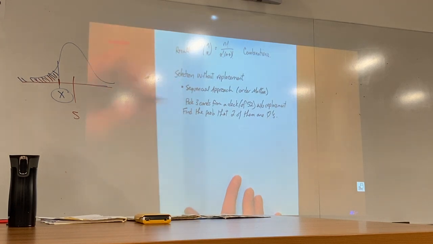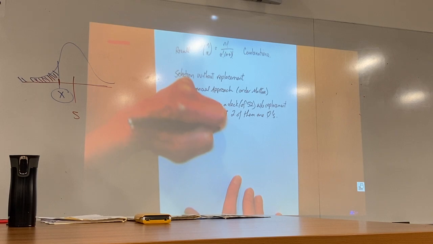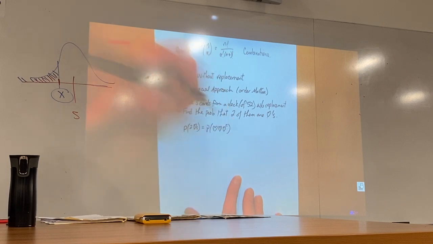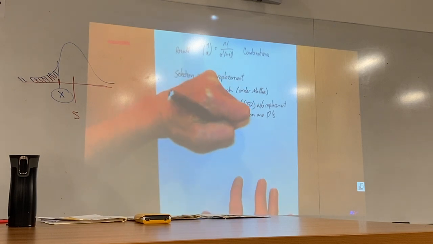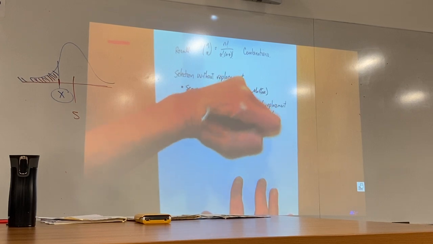For instance, the probability of 2 hearts is the probability of heart, heart, not heart, plus the probability of heart, not heart, heart, plus the probability of not heart followed by 2 hearts.